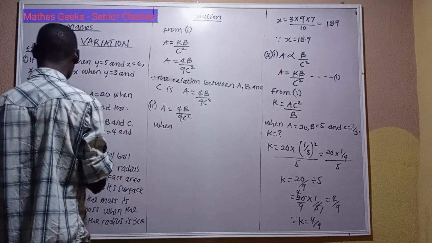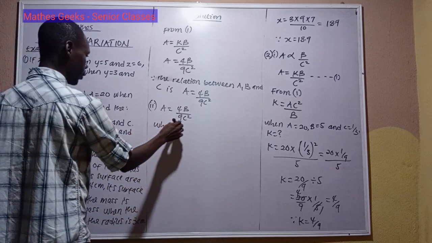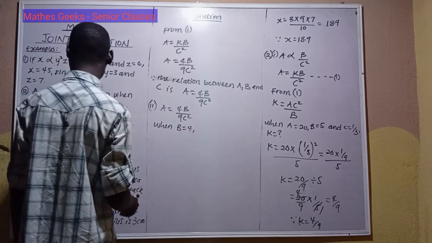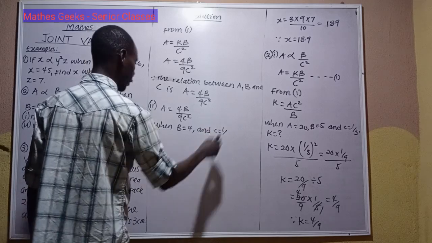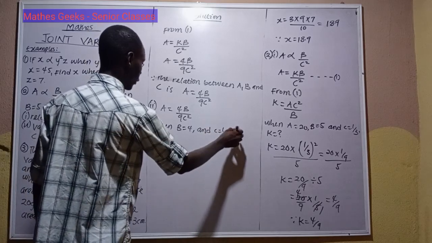When b is 4 and c equals 1 over 6, A is what?